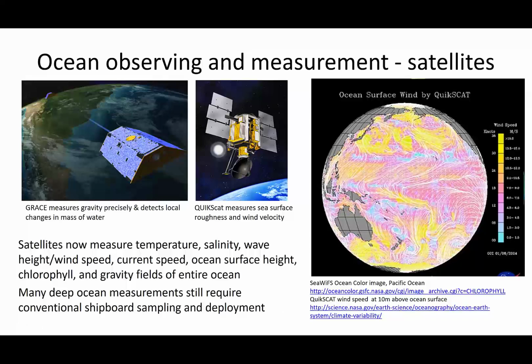I'll be showing you some of that data a little bit later this week. They also measure the amount of chlorophyll, which is the amount of plant growth or phytoplankton in the ocean, and things like the gravity field of the entire ocean. So there's a lot of information coming in that's integrated together and analysed and turned into very specific information about a whole range of properties of the ocean that oceanographers pretty much use all the time now.